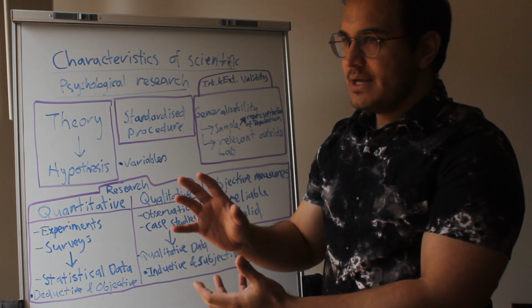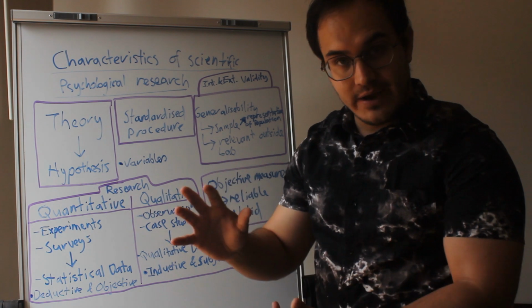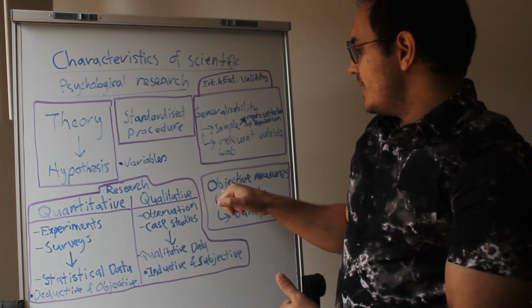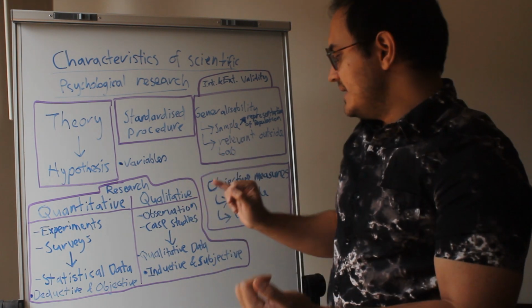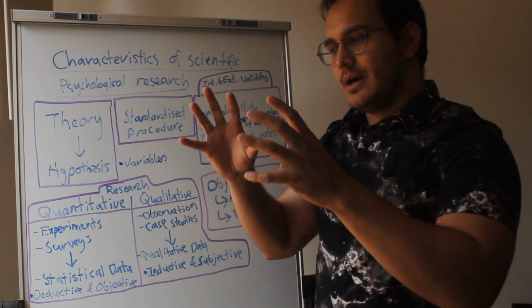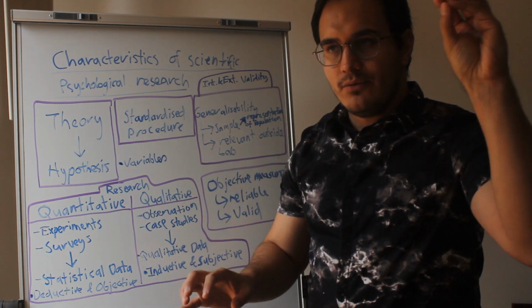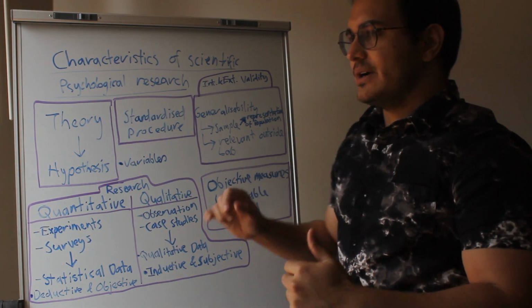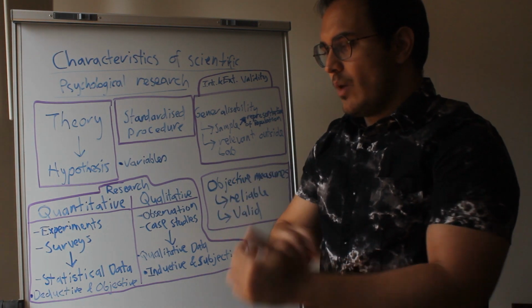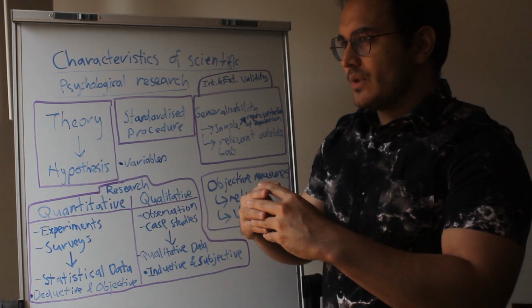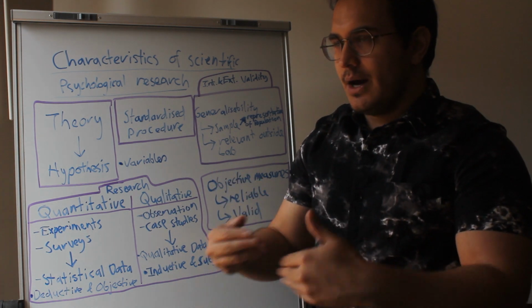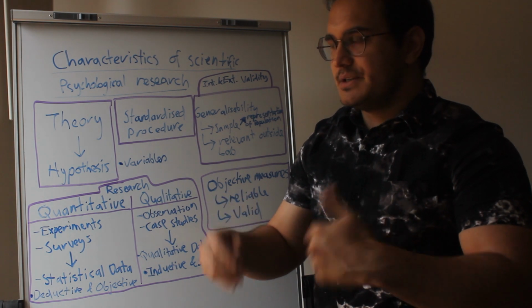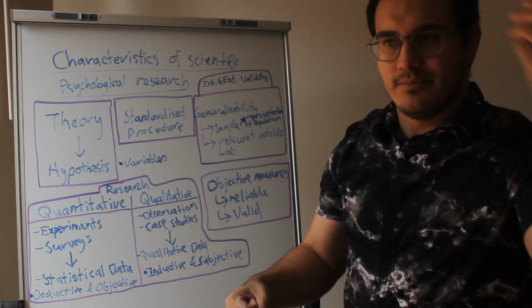That scale is a set of questions, like a survey, that is designed in such a way that it is meant to measure the abstract idea of emotional intelligence. Okay, so an objective measure is a way to make tangible, to measure, an abstract idea.